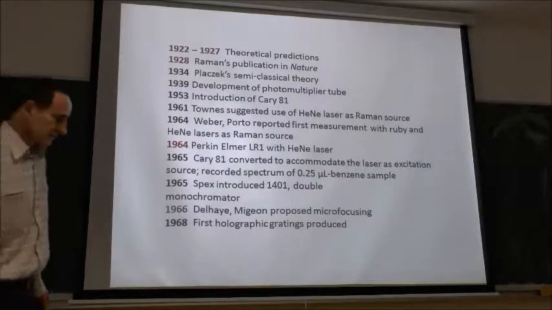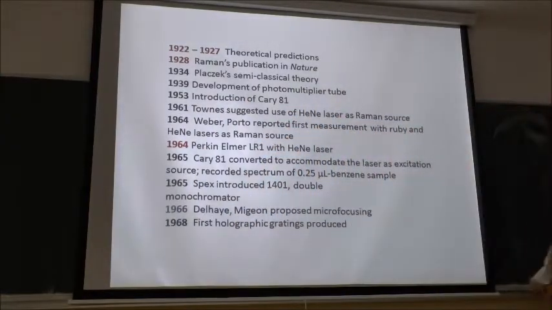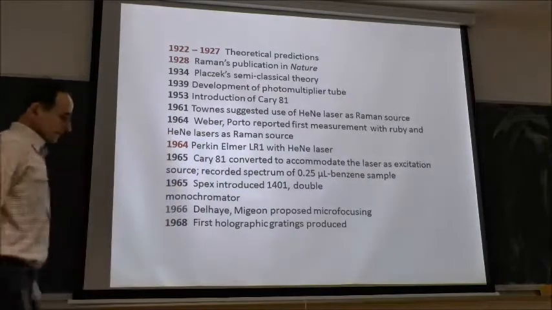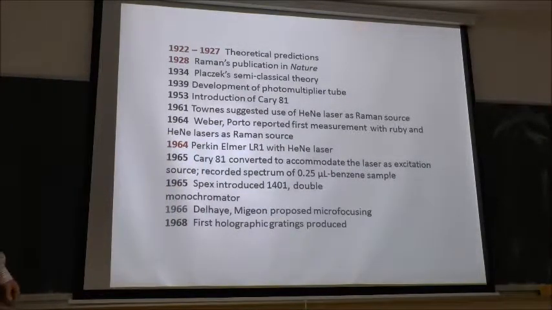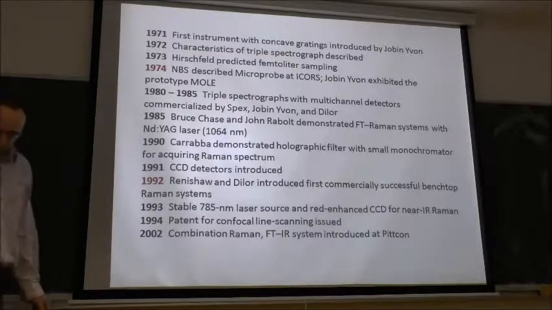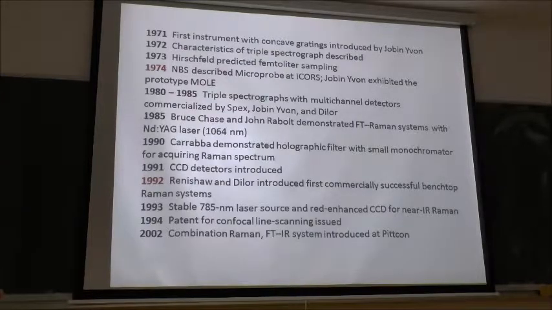So let's see some history. I will just stress the first line, when the theoretical predictions about the Raman effect were made, and then I would point out some commercial improvements. One was in 1964 due to the laser use in the spectrometer. The next jump in commercial development was in 1974, when an optical microscope was attached to the Raman spectrometer.